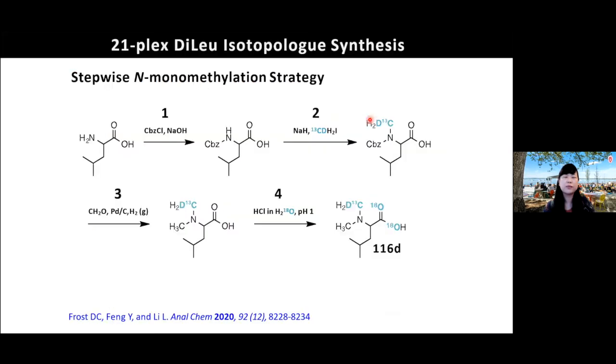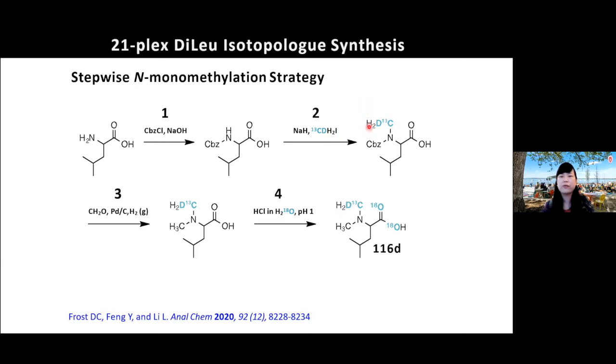Based on this, we have designed a monomethylation synthetic strategy where we partially protect the primary amine using this chlorobenzyl formate, and then generate this secondary amine to react with the heavy isotope iodomethane.